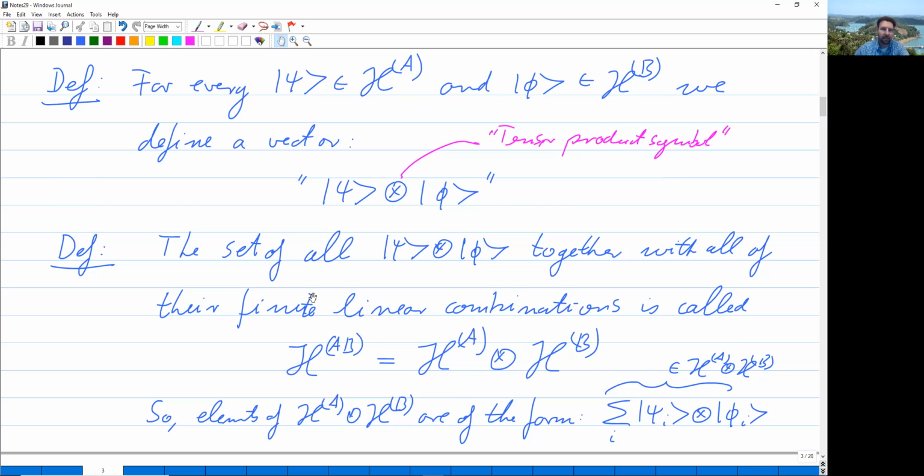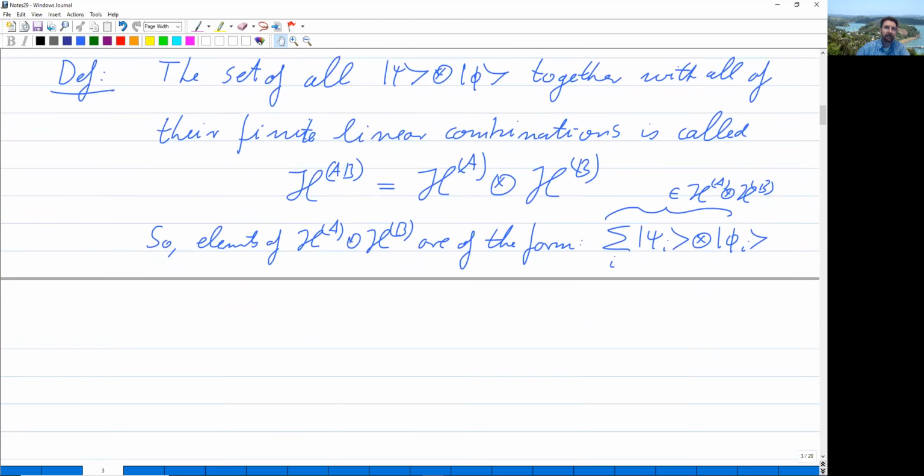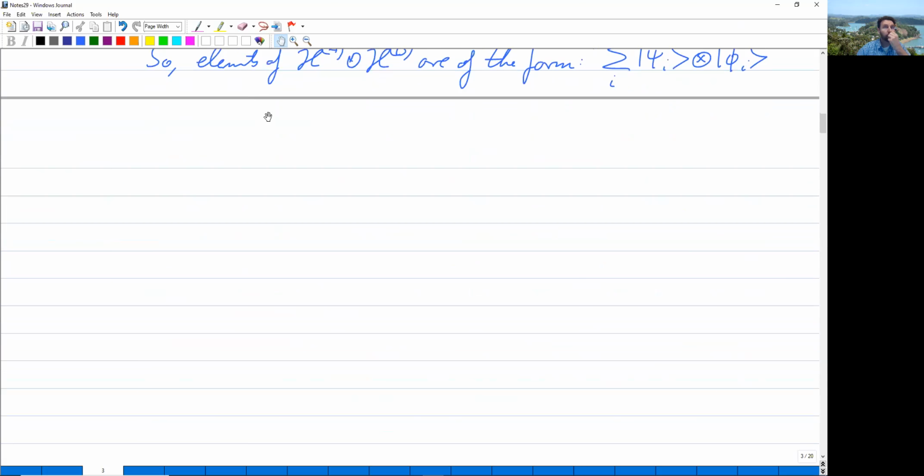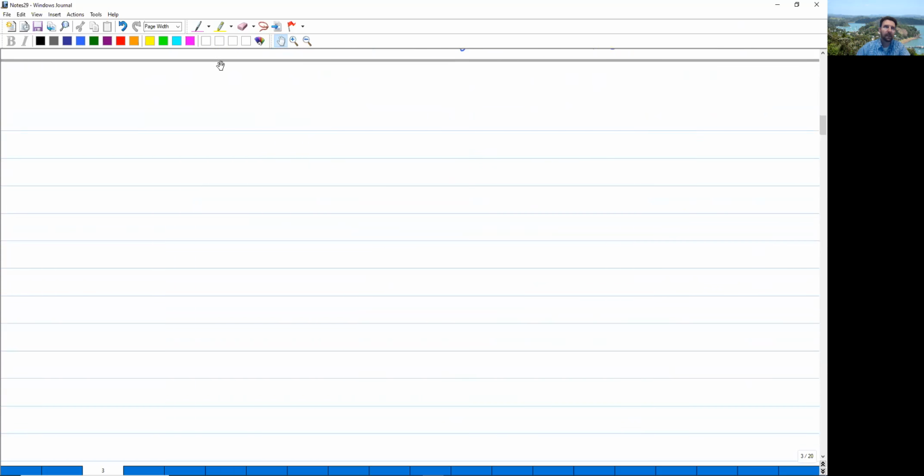And that's something that cannot be described as being just part of the subsystems. For this reason, in order to capture this richness of quantum mechanics, this richness of the composition of systems as being more than just the sum of its parts, this motivates the following definition.